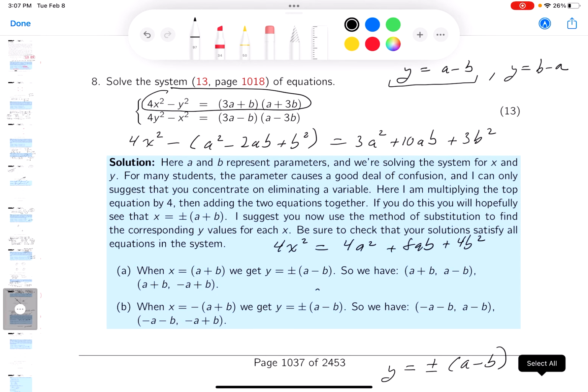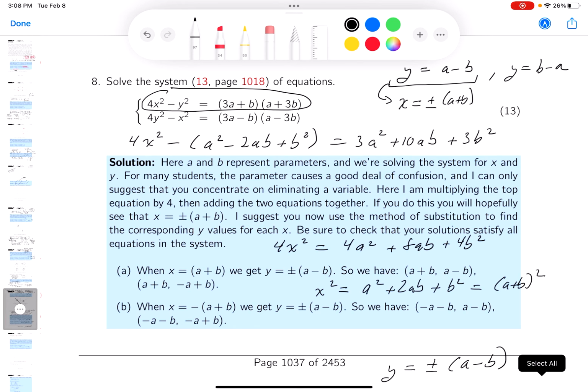And what do you get? X squared is equal to a squared plus 2ab plus b squared, which happens to be a perfect square. And that's going to be a plus b squared. So for this case over here, x would equal plus or minus a plus b.